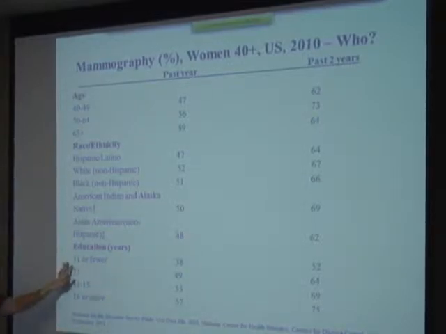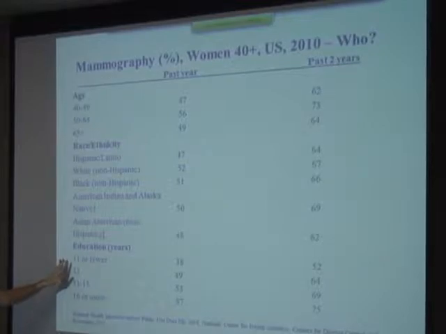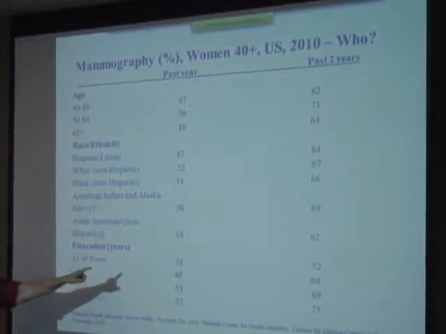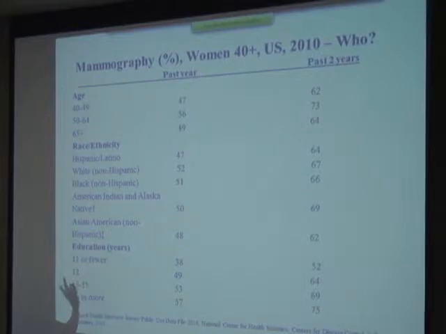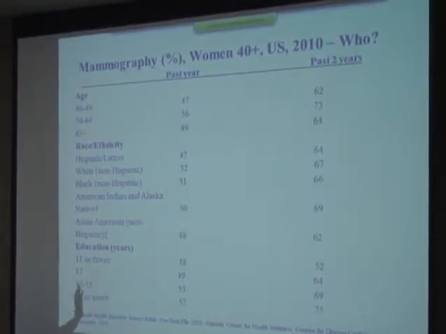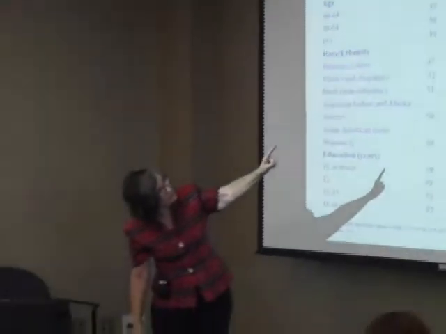Those with low education, which high school is a real marker of opportunity for success in our culture. So those who didn't graduate from high school are reporting mammograms in the last year the least, and in the last 2 years, still 40 plus age, not that 50 to 74. Who looks the worst on that column?